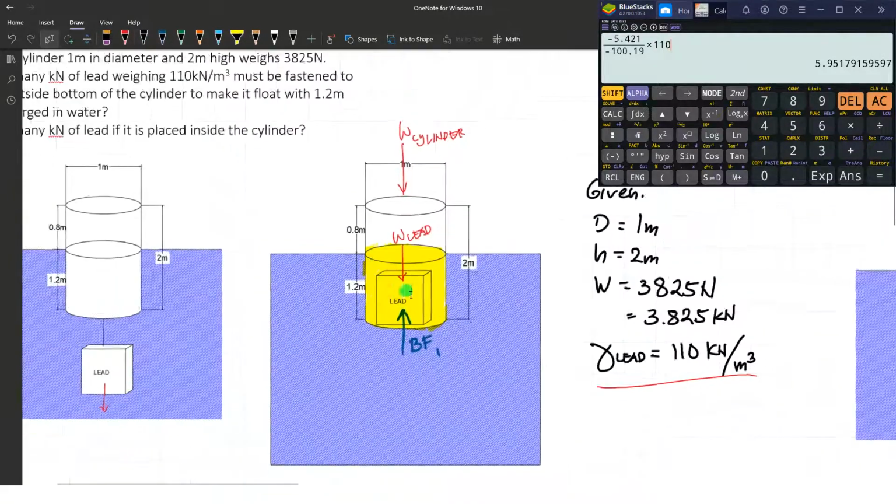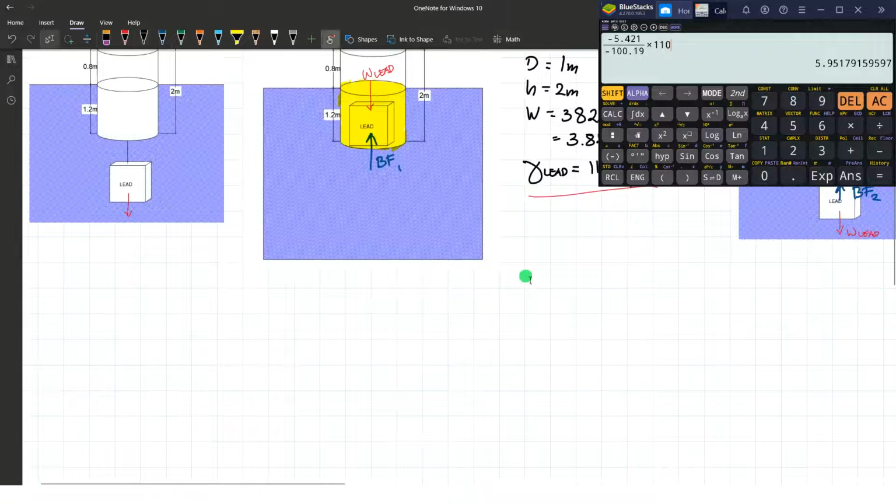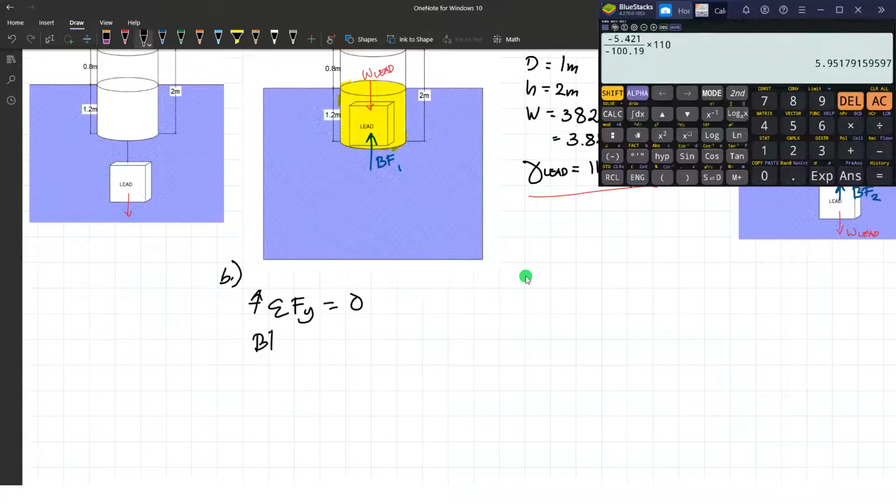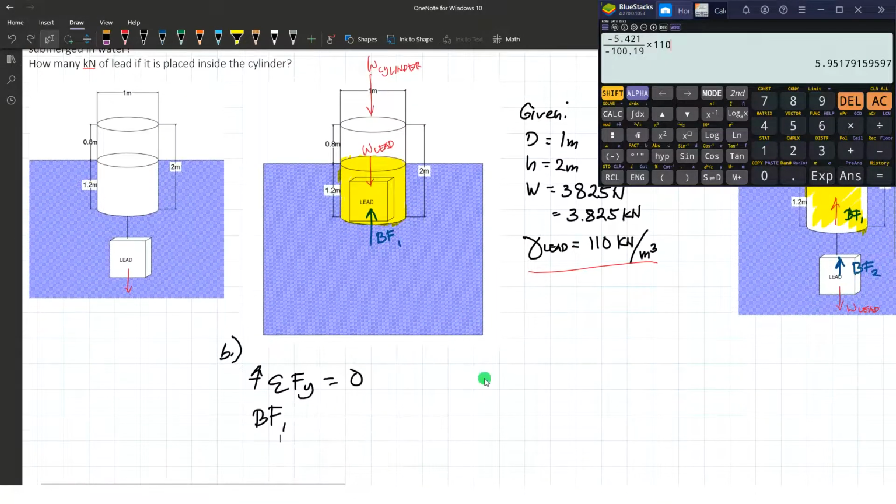Taking the sum of the forces, we have sum of forces along the vertical equals to 0. This is for letter B. So we have buoyant force subtracted by weight of cylinder and weight of the lead equals to 0.